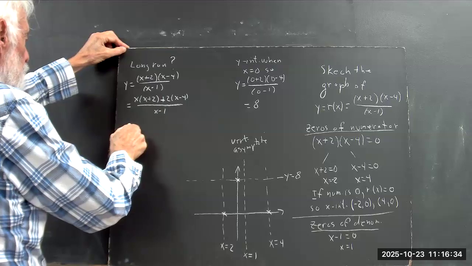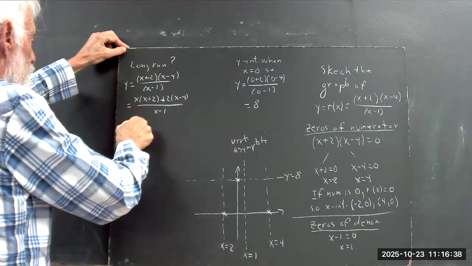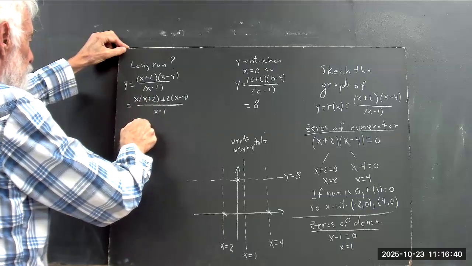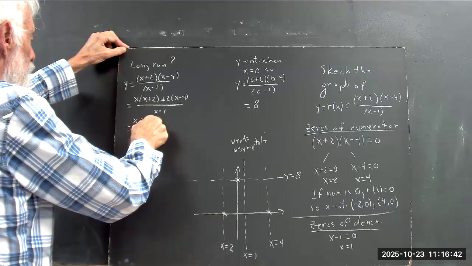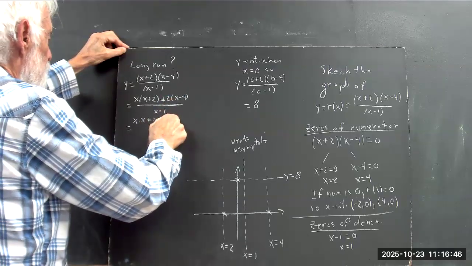We still have our x minus 1 in the denominator. And then x times (x plus 2) is x times x plus x times 2. And then here it's 2 times x.